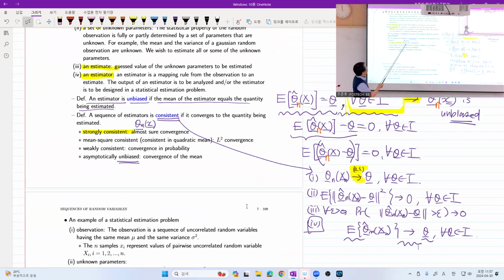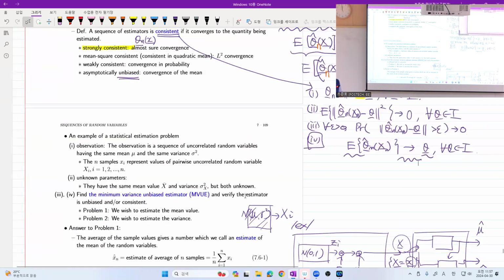That is the idea of the minimum variance unbiased estimator. So among unbiased estimators, we want to find the estimator that gives the minimized error covariance matrix for each choice of theta. However, whenever we define something with A and B, there is a possibility that nothing exists that satisfies that condition. So given a problem, you may not have a minimum variance unbiased estimator. That is the problem.